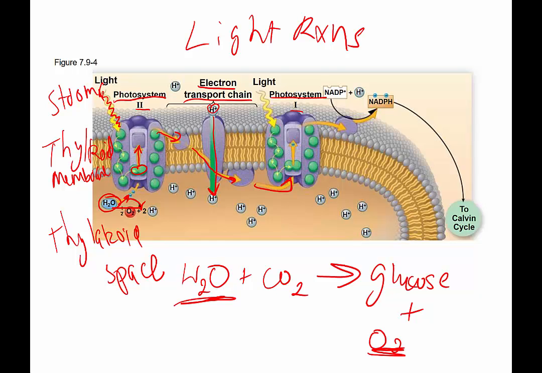So eventually these electrons hit photosystem 1, and they give their electrons to this pair of chlorophyll molecules right here. Just like photosystem 2, photosystem 1 also requires light. So be aware of that. Light's required for both photosystem 2 and photosystem 1. It's not just one of them, it's both.